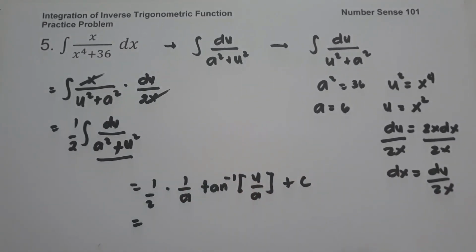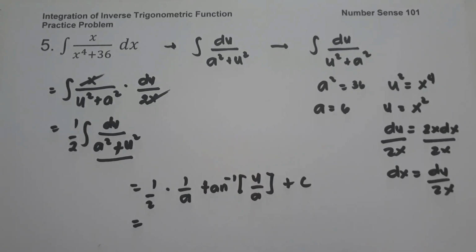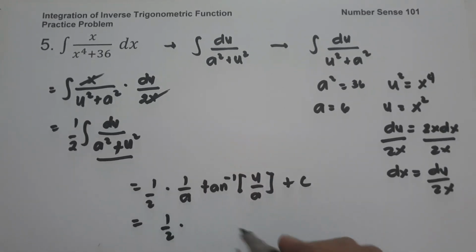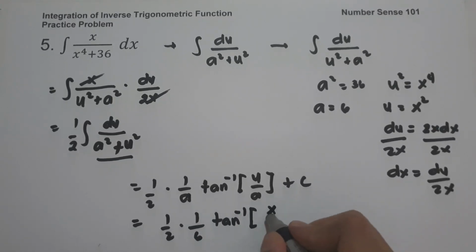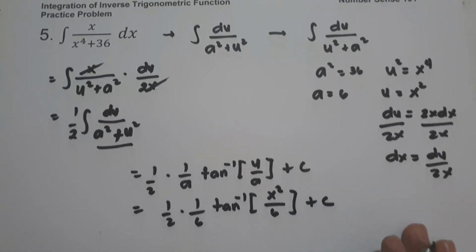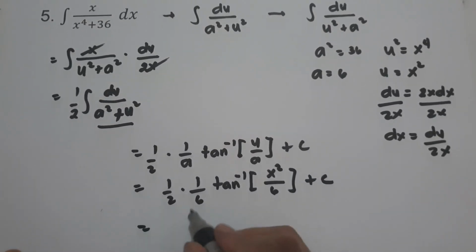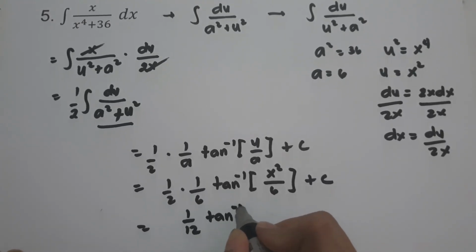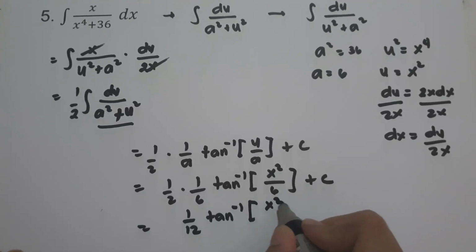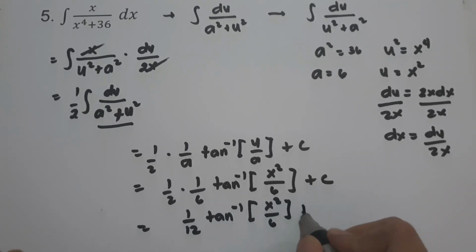And to write our final answer, let us substitute the value of u and a, that is 1/2, and then 1 over a, that is 6, arctangent u, that is x squared, a, that is 6, plus c. So therefore, let us have 1/2 multiplied by 1 over 6, that is 1 over 12, arctangent x squared over 6 plus c.